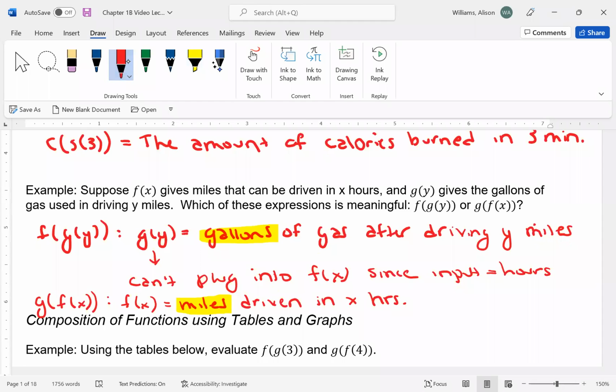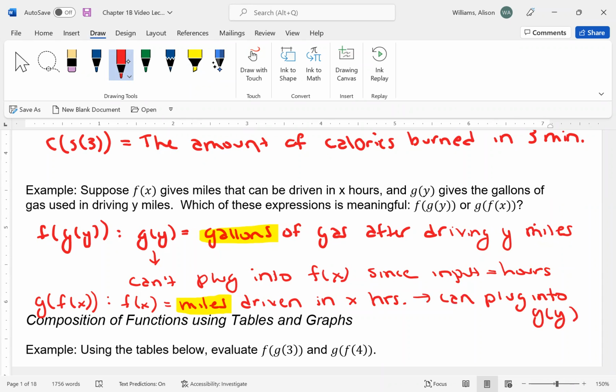So this does make sense. We can plug that into G of Y. So the first one does not make sense, but G of F of X makes sense. It's meaningful because plugging in the result that we get from F of X does correspond to the input for G of Y.